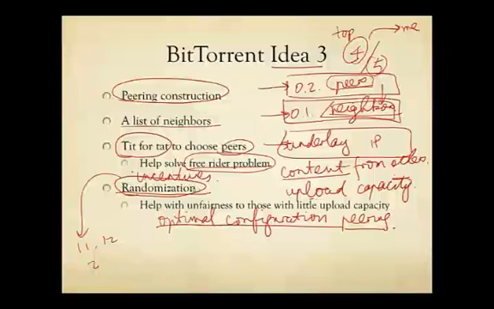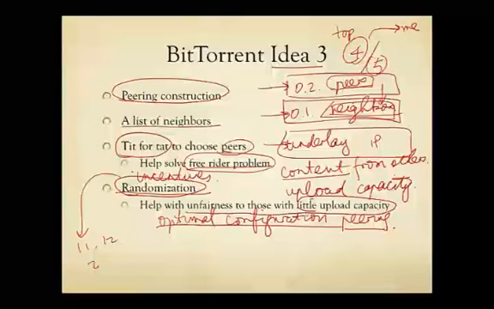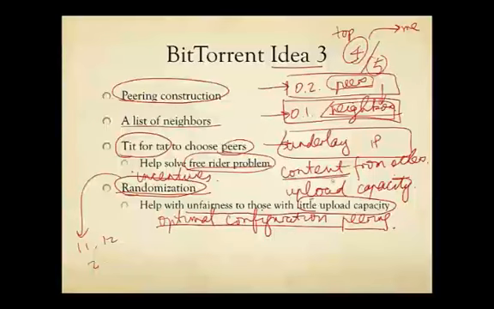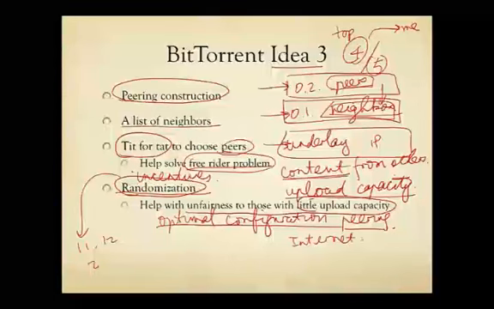One possibility is randomization. It also helps with unfairness to those who actually have little to contribute to start out with. They simply may not have the right content, or their upload capacity is very small. In the traditional design of the internet, the upload capacity from the clients, the end user devices, is much smaller than the download capacity.